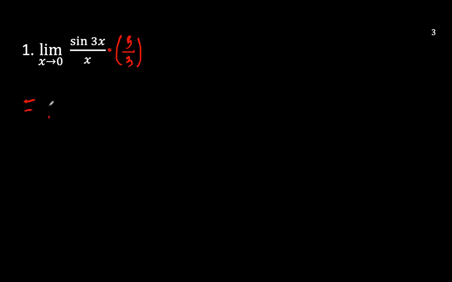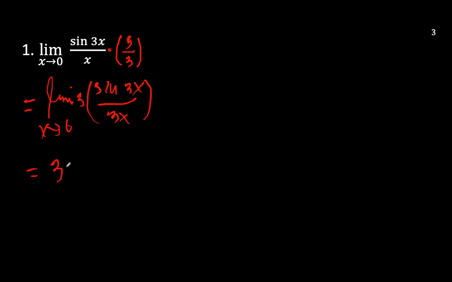So we have the limit of sine 3x over 3x, times 3, as x approaches 0. Since this is a constant, we can use the property of limits.